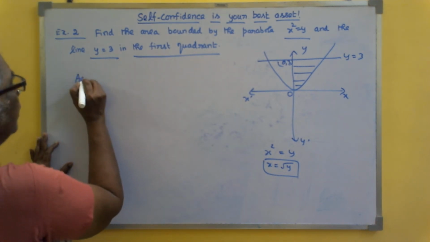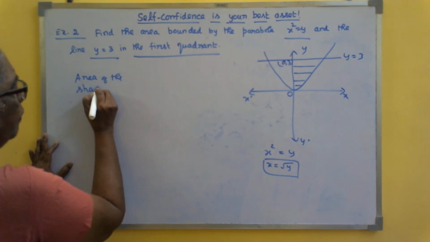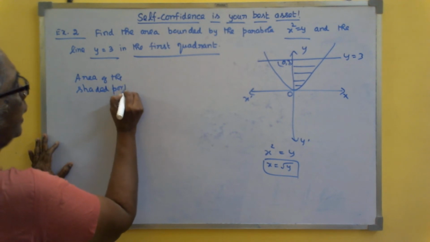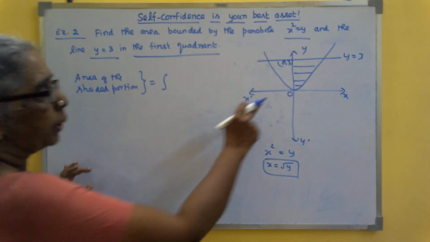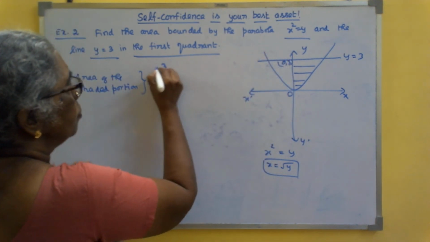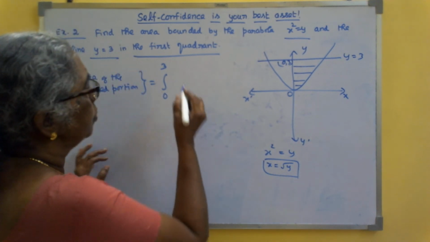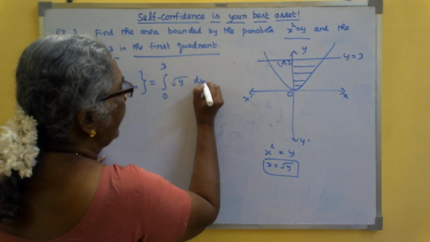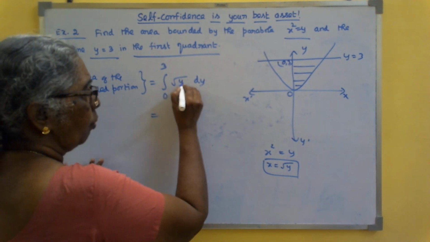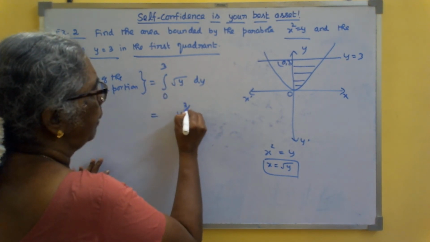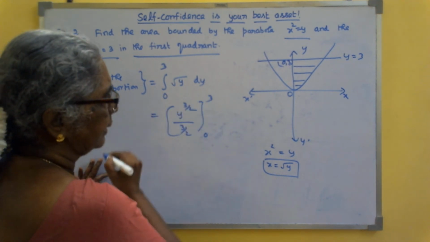So now the area of the shaded portion, that is what we want. I am now going to take y limits, I told you. So 0 to 3. So now I have to write x dy. What is my x? That is root y. So root y dy. Do you follow? Now root y is y power half. So I will get y power 3 by 2 by 3 by 2 within the limits 0 to 3.